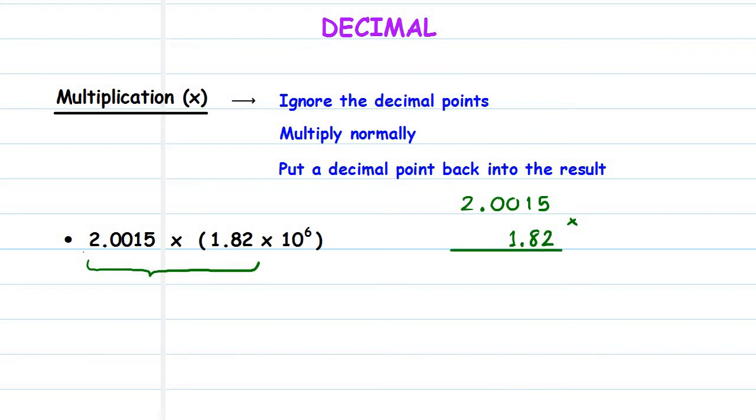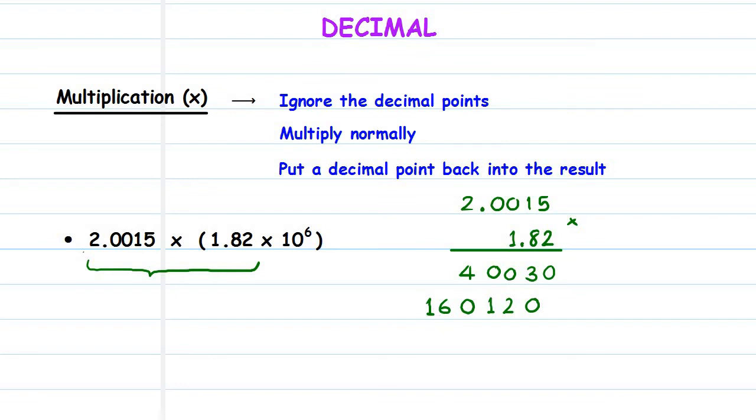Again, we will ignore the decimal point first and multiply them normally. When we multiply 20015 by 2, we will get 40030. And then when we multiply 20015 with 8, we will get 160120.